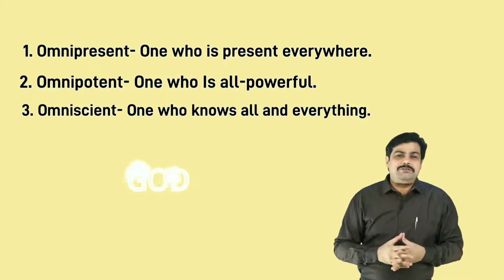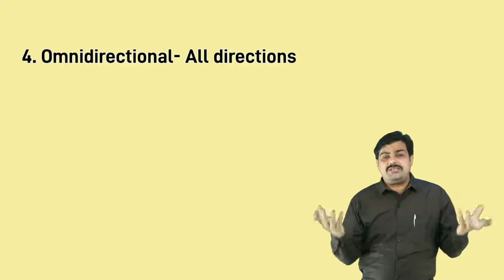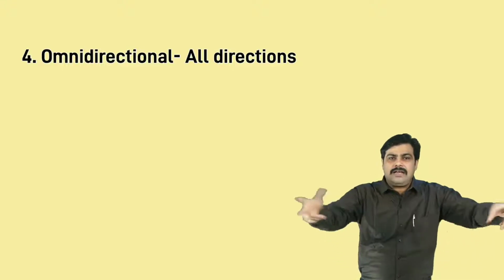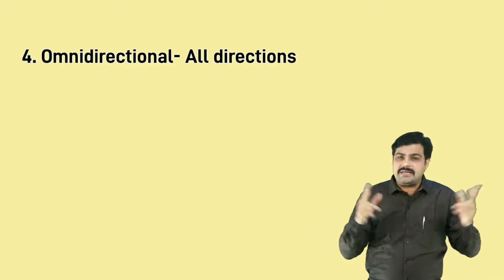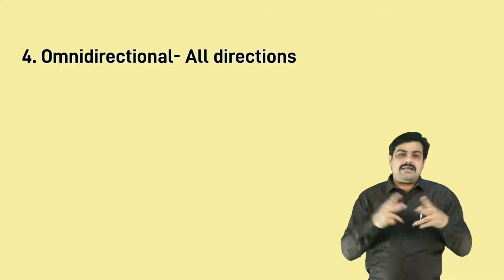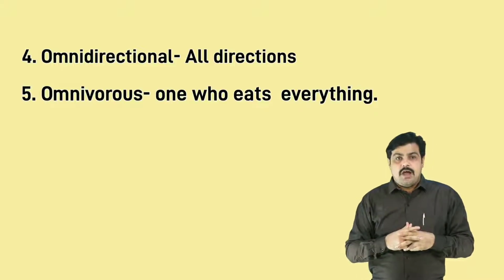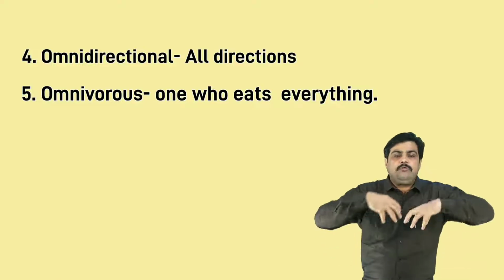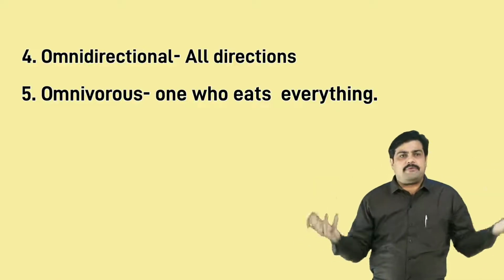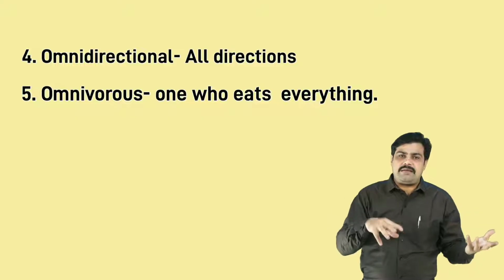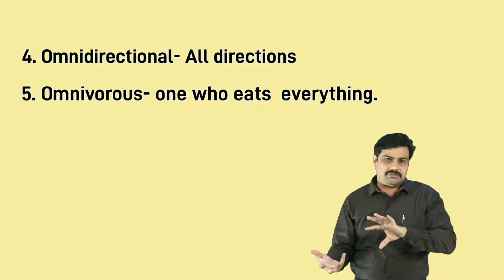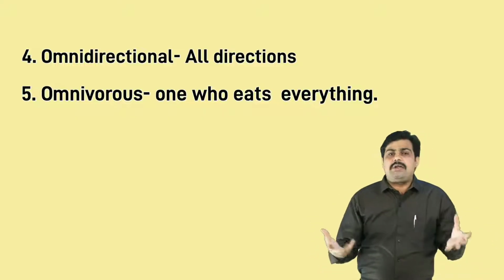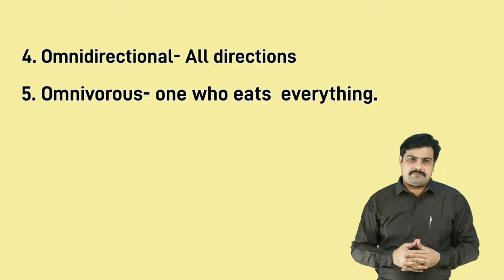Another word you see is omnidirectional, meaning in all directions. Another is omnivorous. Vorous means eater, one who eats. So one who eats all, each and everything, meaning vegetable or animal flesh, is known as omnivorous.